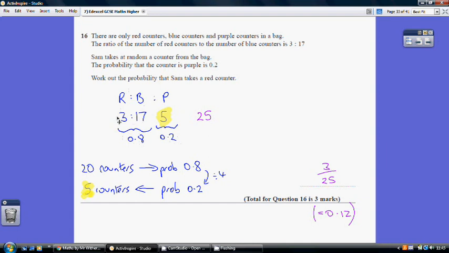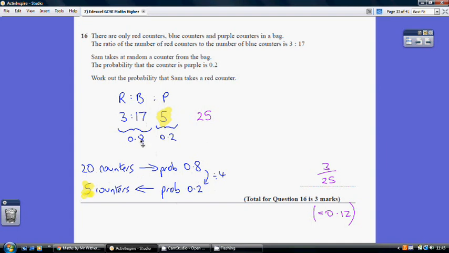So these 20 counters represent a probability of 0.8. So if the probability of 20 counters is 0.8, when the probability is 0.2, this is a quarter of the chance, so it's got to be a quarter the number of counters. So that means the number of purple counters must be 5.